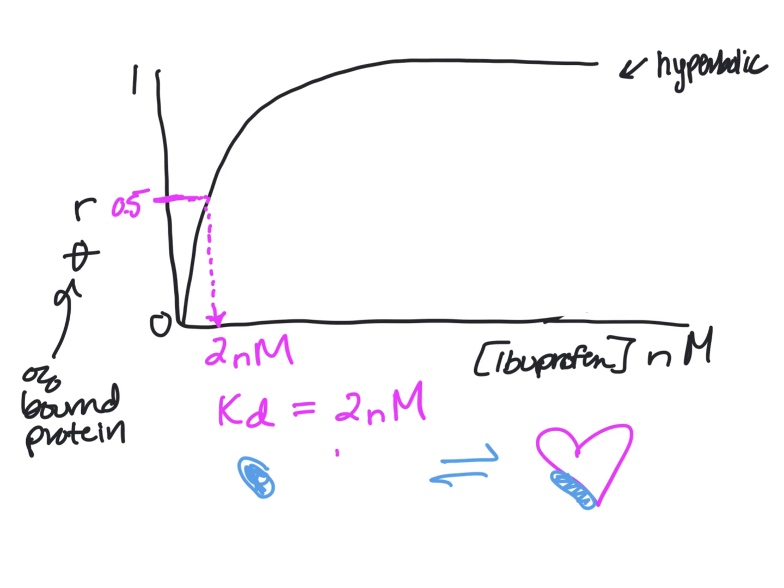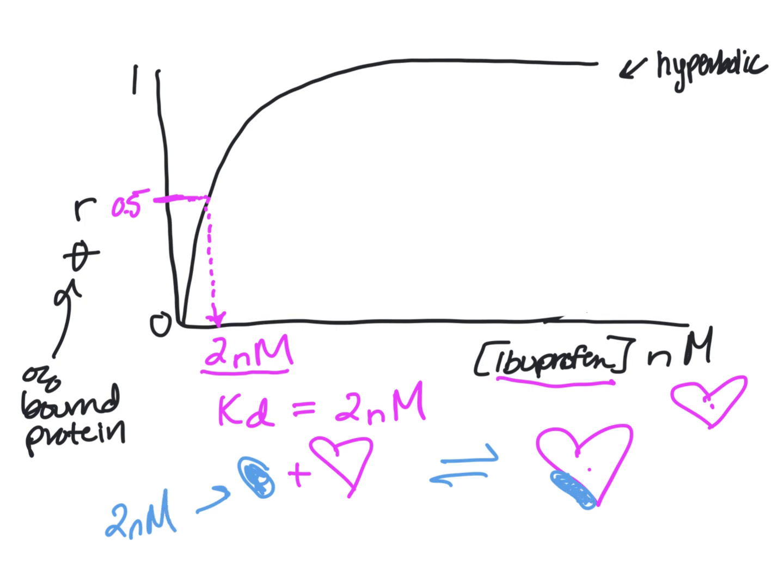Okay, so that means this value right here, KD, means that it would take 2 nanomolar concentration of ibuprofen to get half of the serum albumins docked with ibuprofen. So if I only had 2 serum albumins, then it would take a 2 nanomolar concentration of ibuprofen to get half of them, or one of the 2, bound to protein.